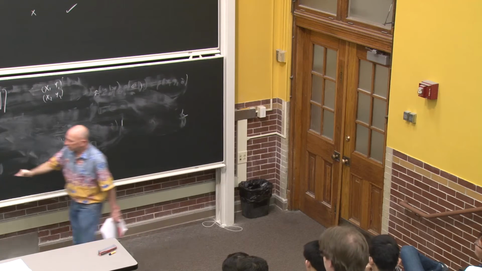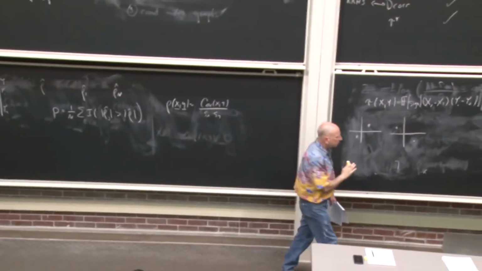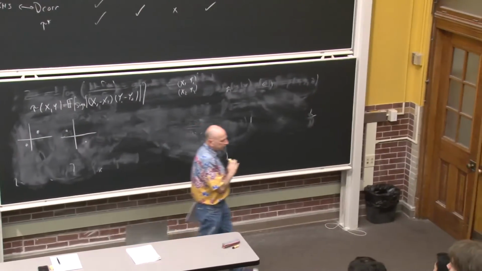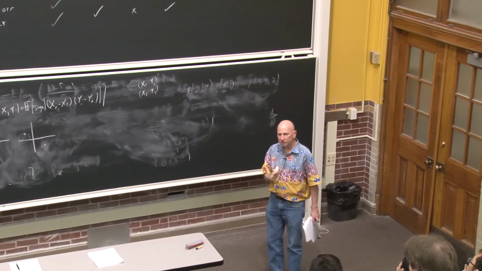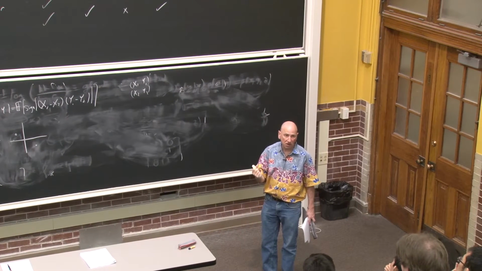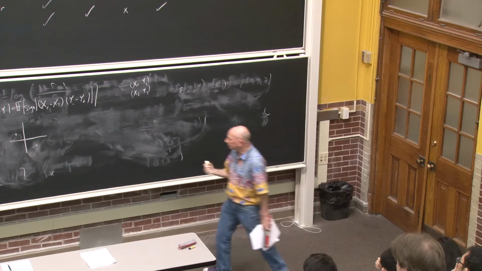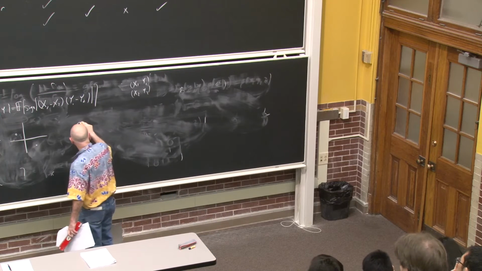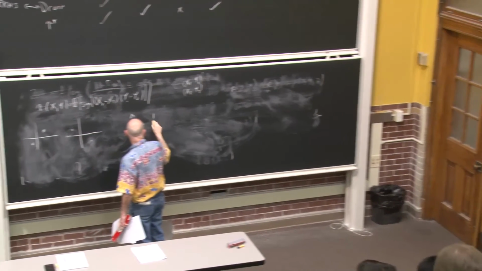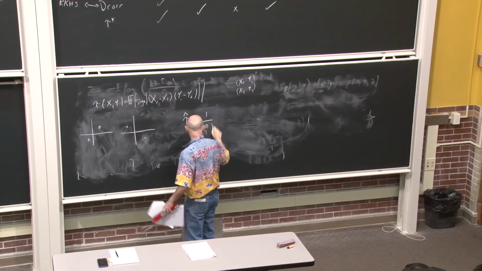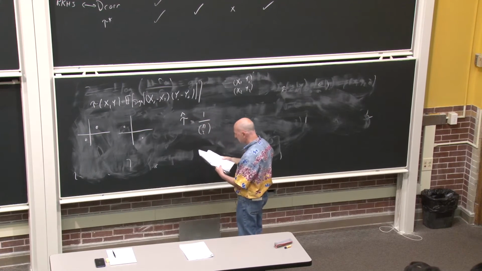So to estimate this from the sample, I just put the sample averages in here. To estimate this from the data, what do I need to do? I need to use pairs of observations. The basic definition involves pairs. So the sample estimate is 1 over n choose 2, because there are n choose 2 pairs of data.